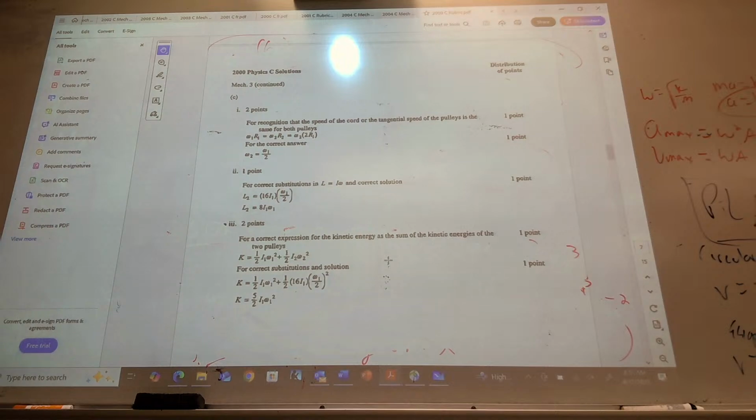So we're looking at the one that says a rubber ball of mass M in 2004. Anyone have it?